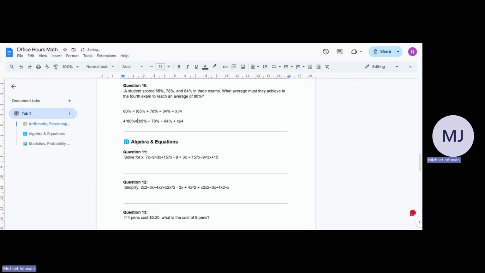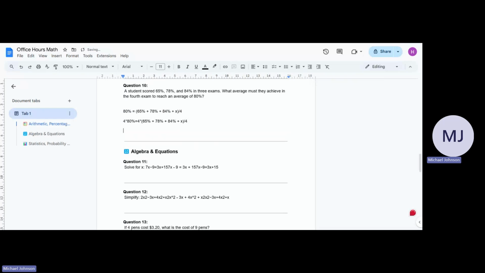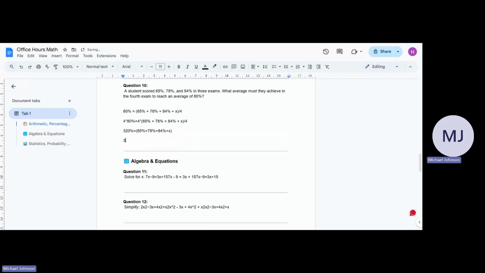So we have to multiply both sides by 4 to get rid of the 4. So 4 times 80% would be 320%. Then we'd be left with 65% plus 78% plus 84% plus x. We then bring everything else over to the left side.